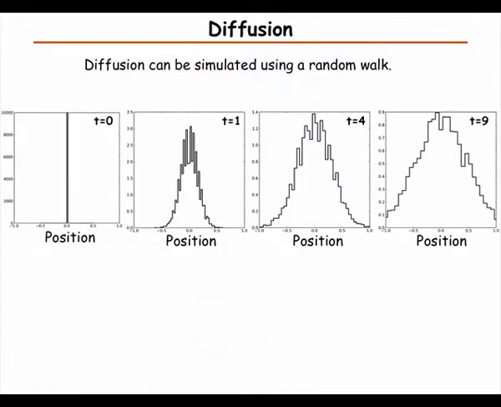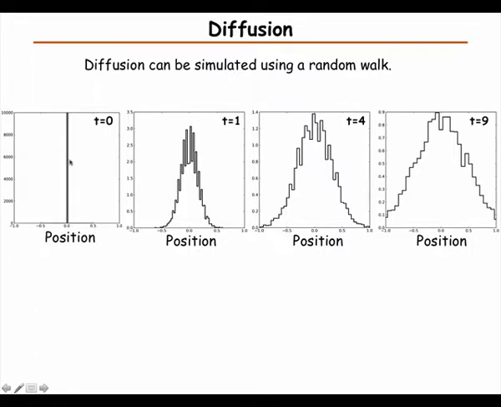So another thing that often is interesting in biology is diffusion. Diffusion we can simulate by a random walk. So here we start out with all the particles, in this case in the middle, at 0. This is at time 0, and then as time increases we see that they spread.